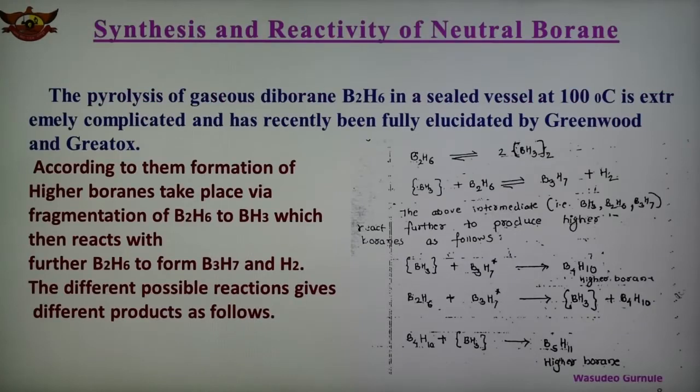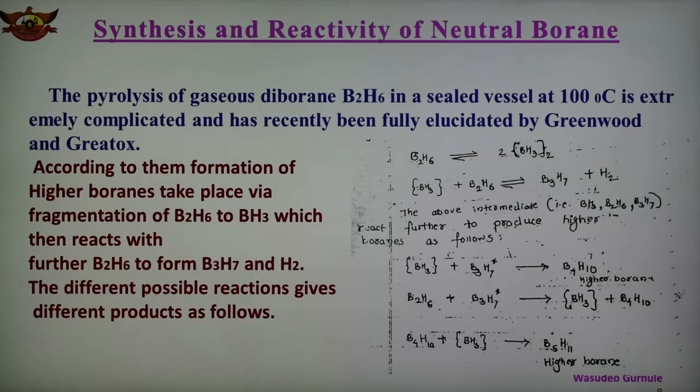In the next slide, the pyrolysis of gaseous diborane is carried out in a sealed vessel at 100 degrees Celsius. The reaction is complicated, and recently this method was given by the scientists Greenwood and Gretox.